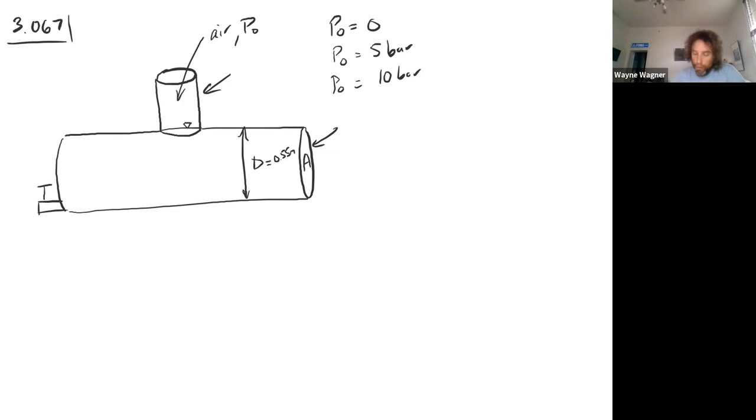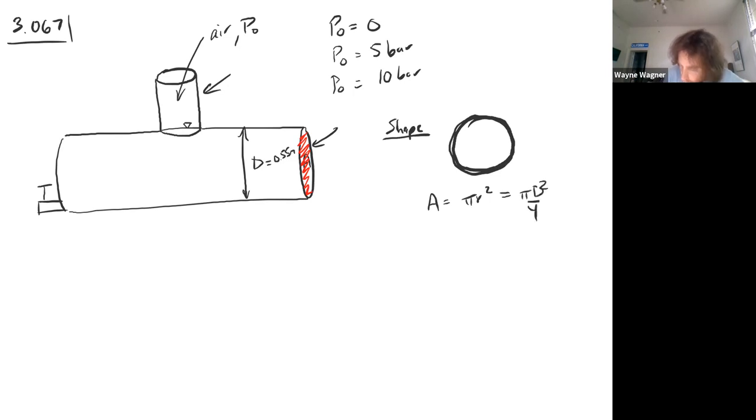The first thing we want to do is, again, think about our shape. We want to know about what's going on this thing right here. So it's a circle. The area of the circle is pi r squared, or in this case pi d squared over 4.